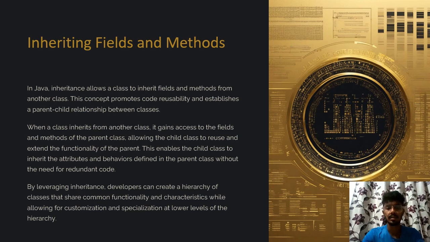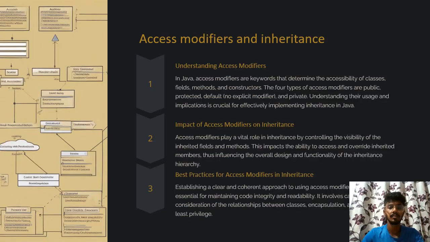This enables the class to inherit the attributes and behaviors defined in the parent class without the need for redundant code. By leveraging inheritance, developers can create a hierarchy of classes that share common functionality and characteristics while allowing for customization and specialization at lower levels of the hierarchy.